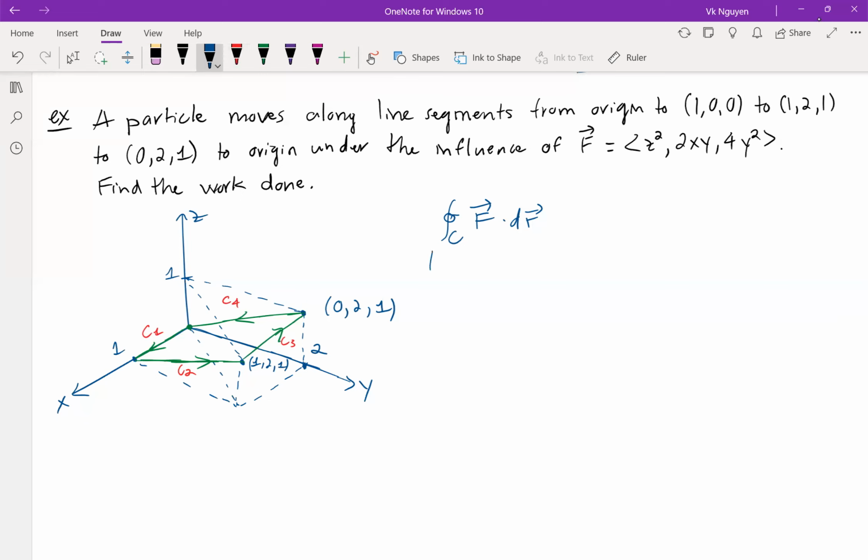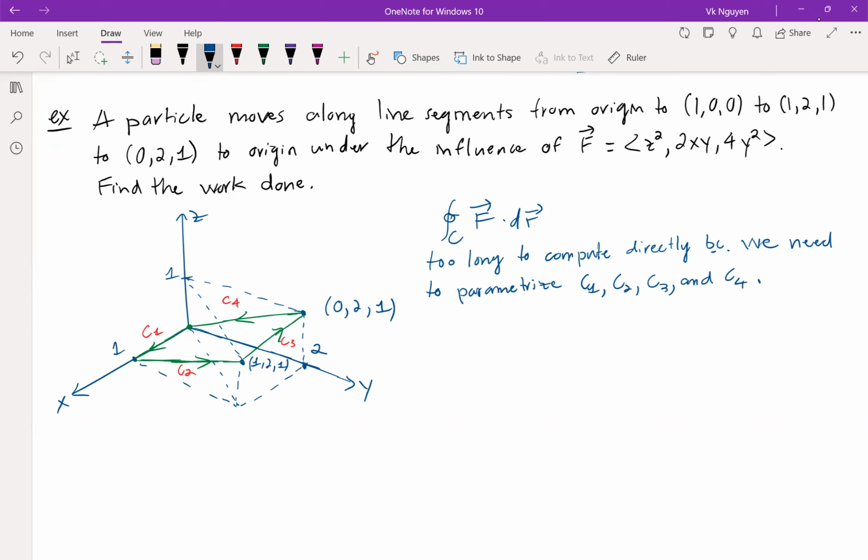It's too long to compute this directly because there are 4 paths. We need to parameterize 4 paths.